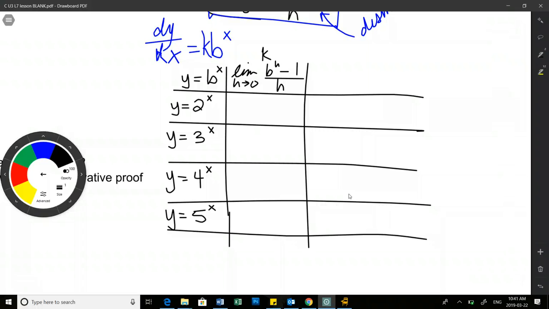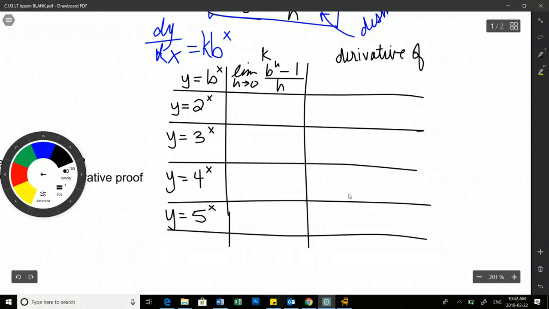Of course the b here is going to be equal to the b here, and I'll switch this as we go through Desmos and look at what it's approaching as h approaches 0. And then my final thing over here will be my final derivative. We know that the derivative of y equals b to the x is going to be equal to our k value times b to the x.